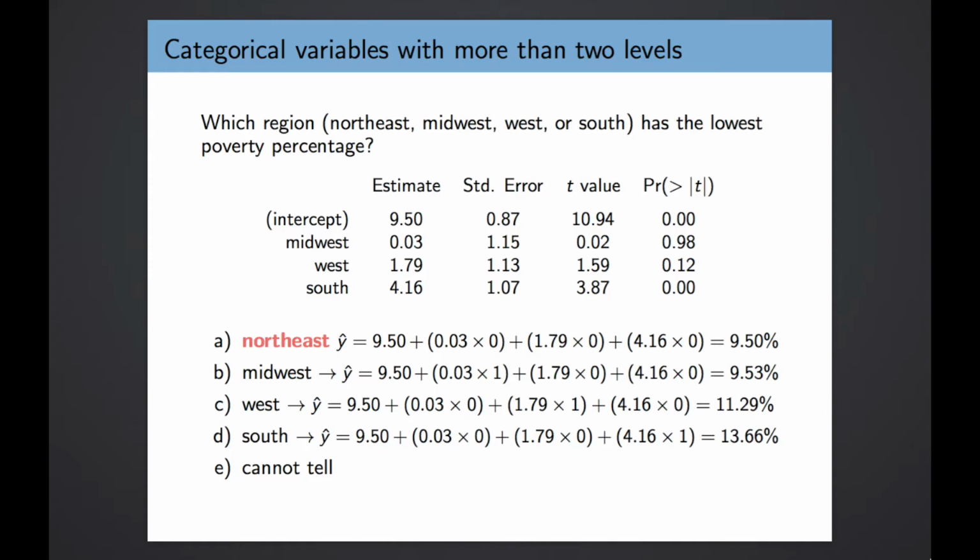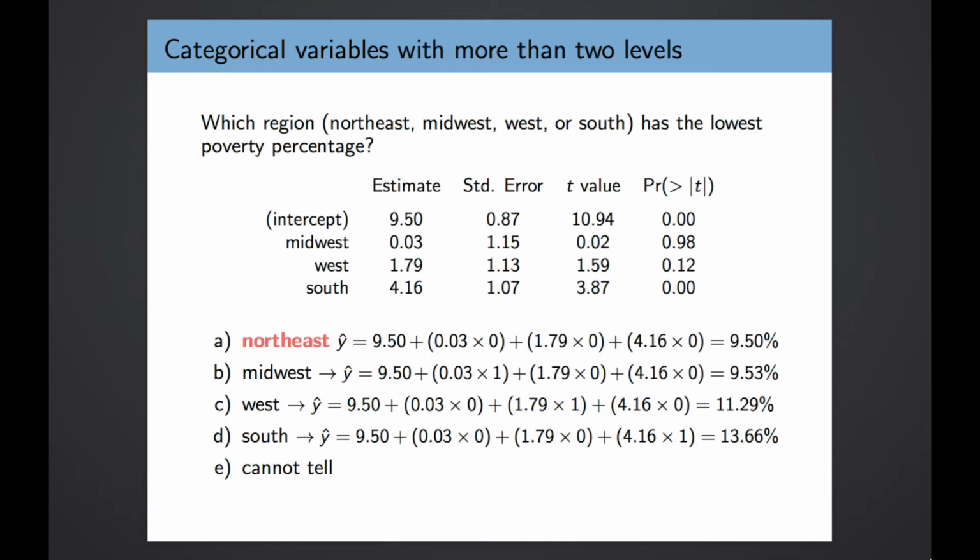So we have the beta for Midwest is equal to 0.03, the beta for West is equal to 1.79, the beta for South is equal to 4.16. So for a 1 unit increase in Midwest, the associated increase in the poverty percentage is 0.03, and so on.